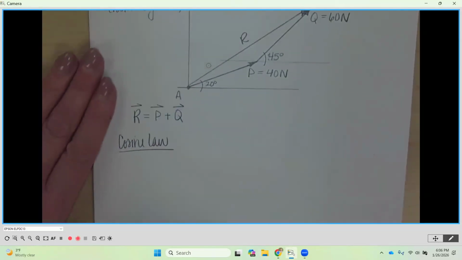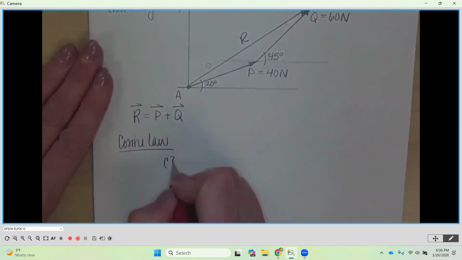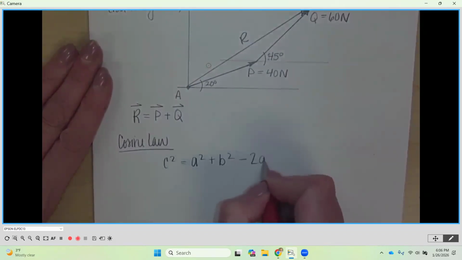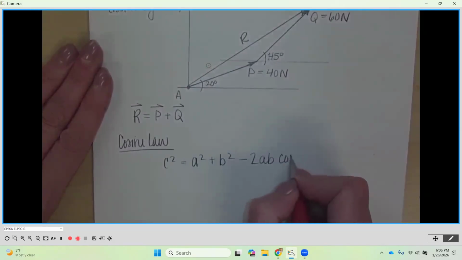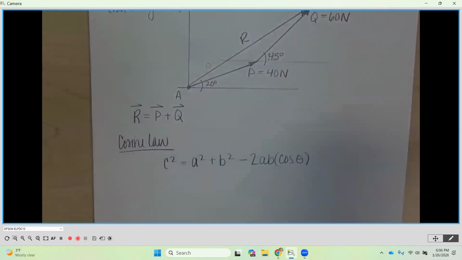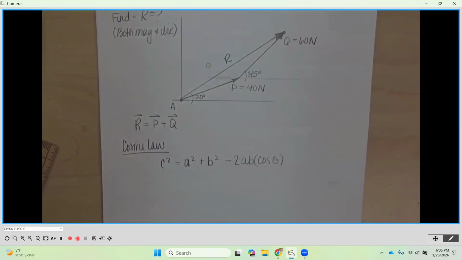Okay. In its general form, the cosine law is c squared is equal to a squared plus b squared minus 2ab times the cosine of theta, okay? That sounds familiar, right?